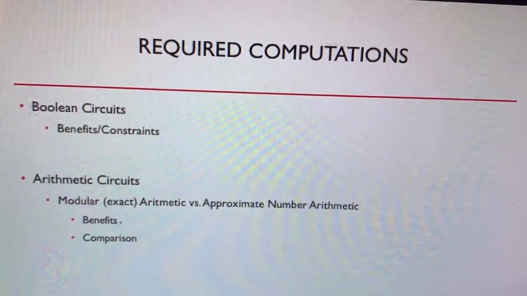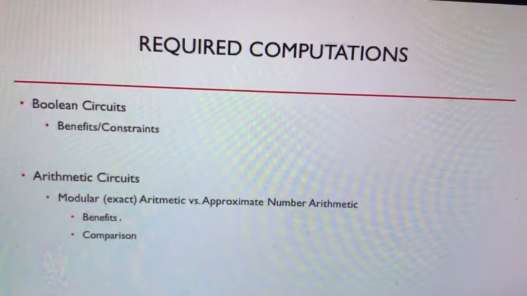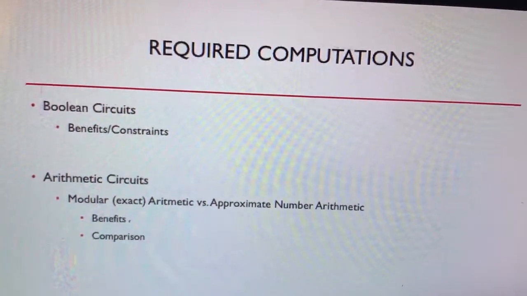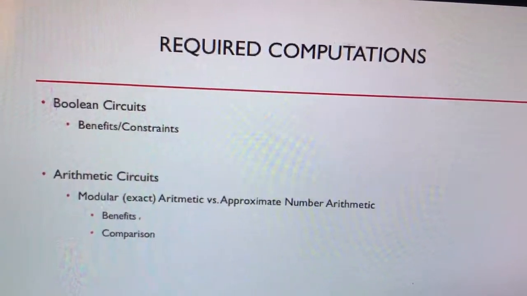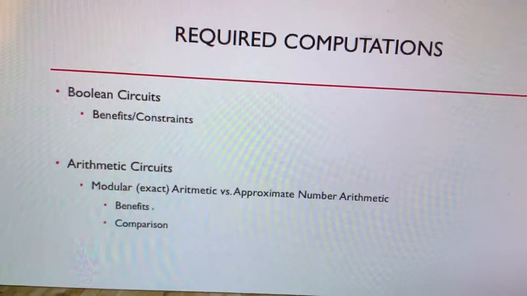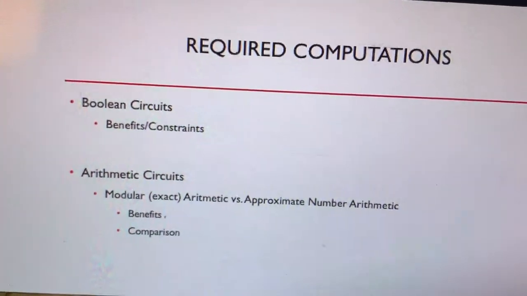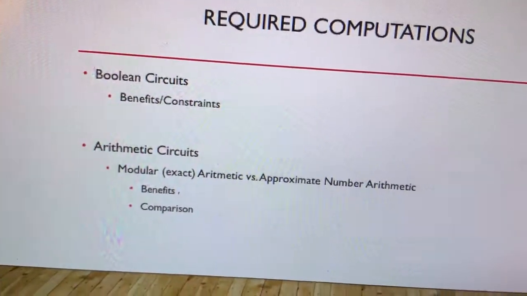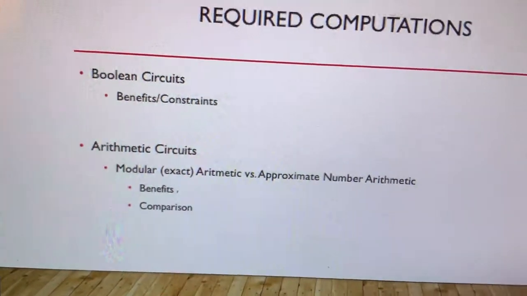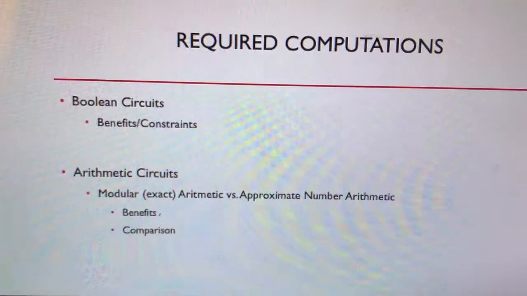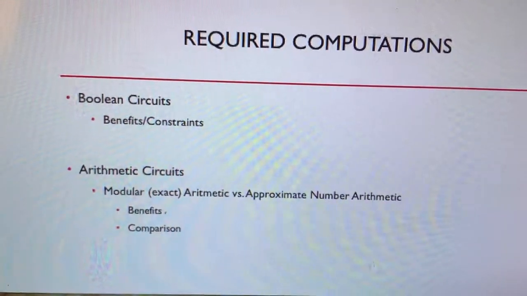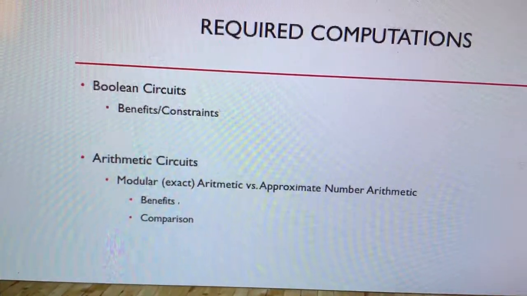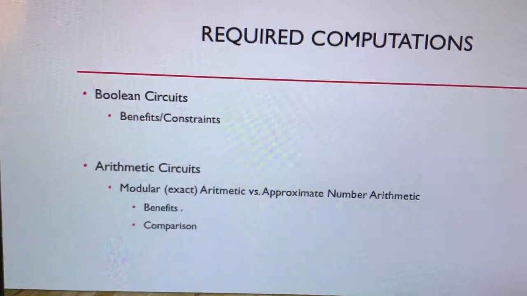Arithmetic circuits, on the other hand, can be further divided into modular or approximate number arithmetic. In modular arithmetic, data is represented in modulo form, versus approximate number arithmetic, where data is represented by real numbers. While modular arithmetic is better with high precision integer arithmetic, and also better with faster scalar multiplication, approximate number arithmetic is actually better in regards to multiplicative inversion and discrete Fourier transformation.